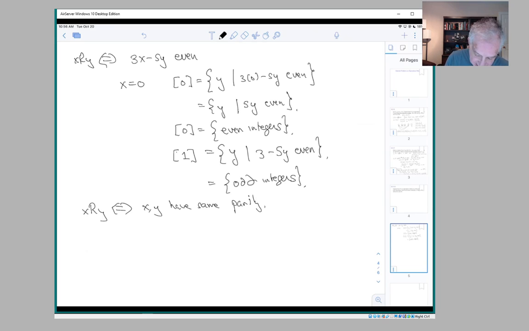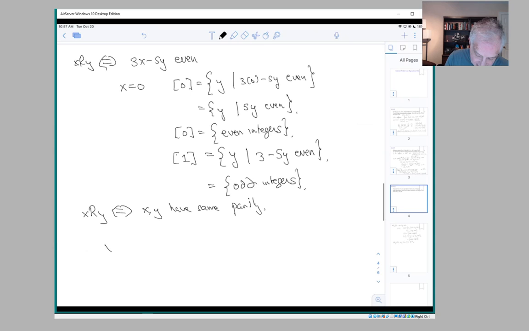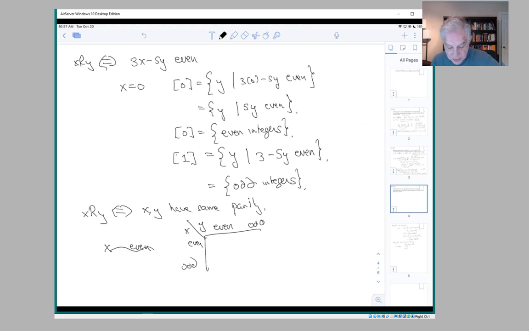And let's just check. So if x is even, let's do it this way. Even, odd, odd. Let's let this be x and this be y. So if x and y are both even, then 3x minus 5y is even, so they are related to one another.